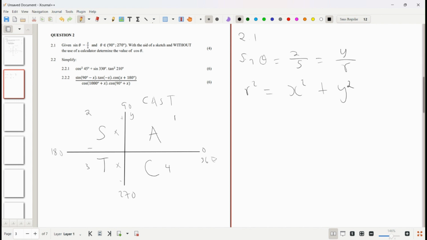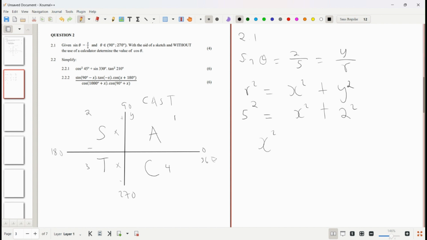Our r is 5, so 5 squared equals x squared plus y squared, where y is 2. We have to make x the subject of the formula.